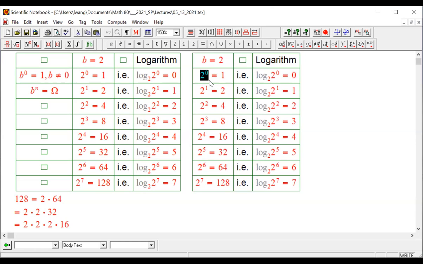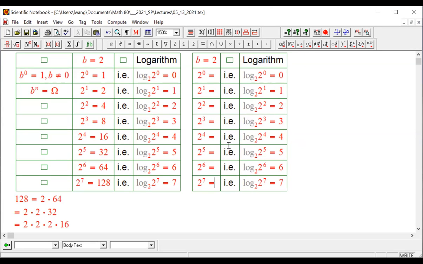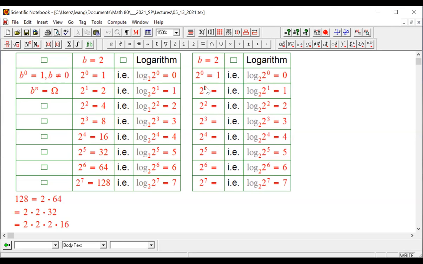Everything will be changed. Of course, this stays the same. We're gonna put a negative sign in front of each one.